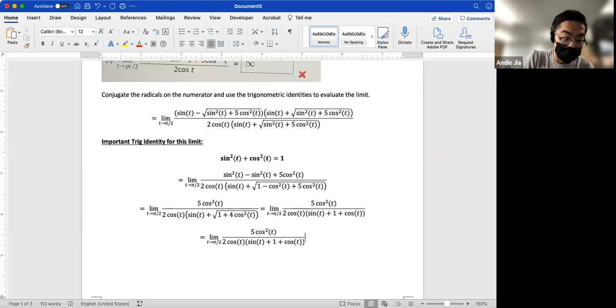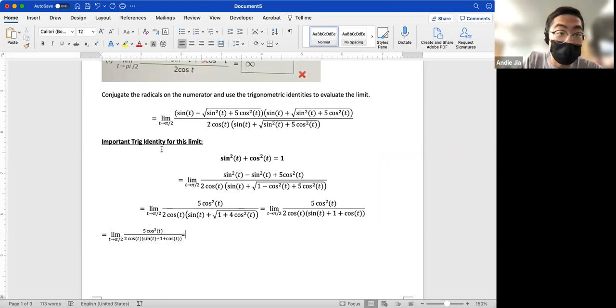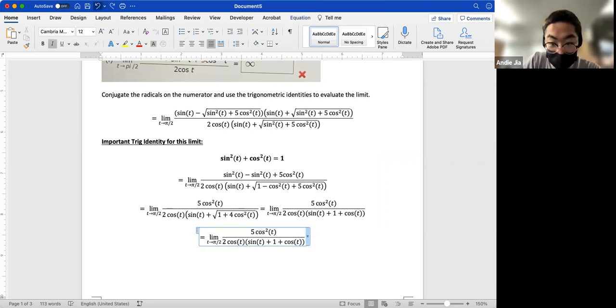Cosine of 90 degrees is 0. The answer is 0. It's the final answer you're looking for.